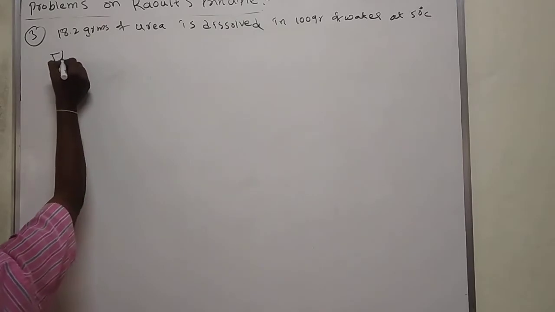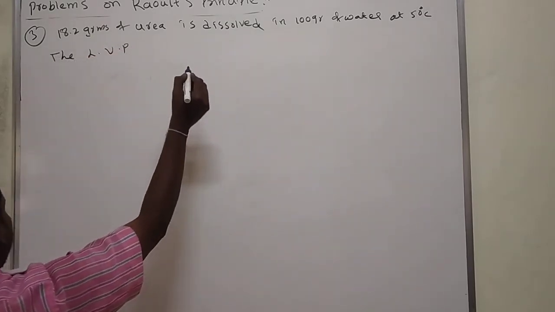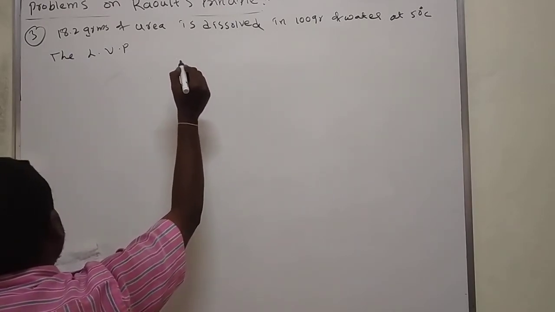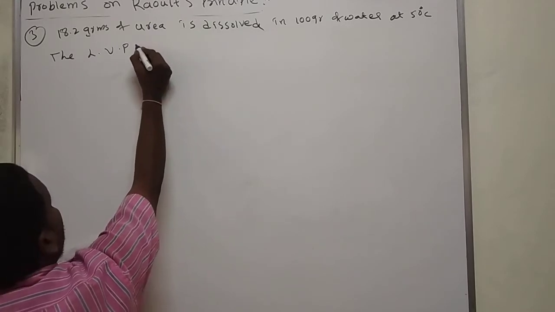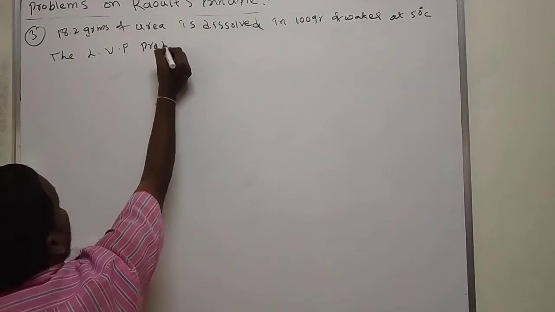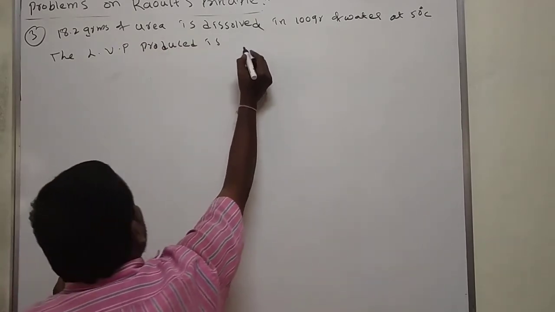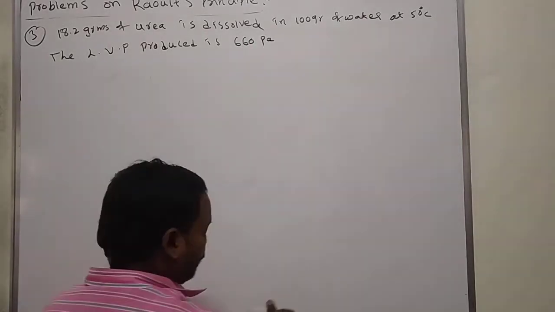The lowering of vapor pressure produced is 660 pascals. Don't think about this one.